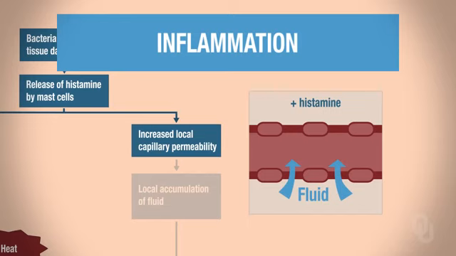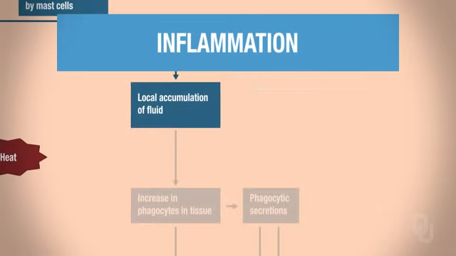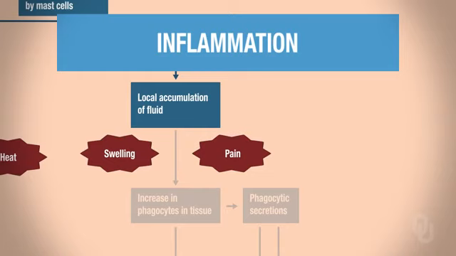So that means you're going to get a local accumulation of fluid, some of that fluid being in the interstitial fluid. Remember that we've talked about swelling, or what we call edema, an excess of interstitial fluid. It can also cause pain because you have excess fluid in an area and the skin can only stretch so much. That causes pain. Pain is a good thing because pain actually forces you to rest whatever part of your body is injured, and that way it can repair itself if it's resting.